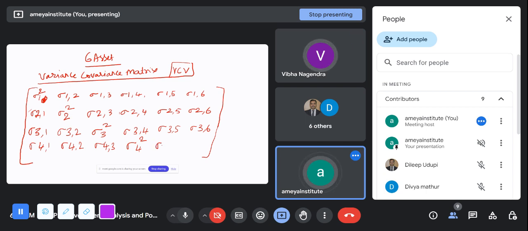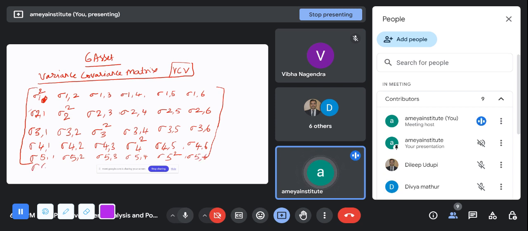The next one is 4 comma 5 and then 4 comma 6. In the same way we make 5 comma 1, 5 comma 2, then 5 comma 3, 5 comma 4, and 5 comma 5, which becomes the standard deviation of 5 square. Then 5 comma 6.